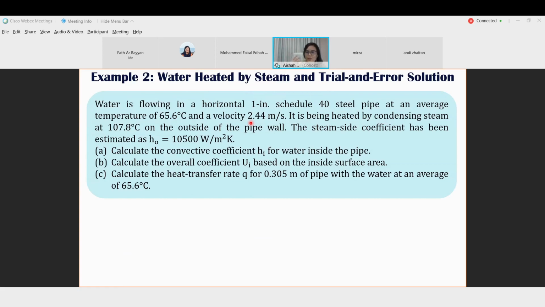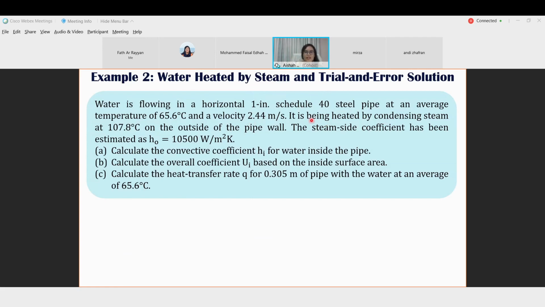So again, it is being heated by the steam in the surroundings outside the pipe wall. The water flows inside the pipe, and the hot steam is actually outside the pipe, and because it's in contact with the pipe, it will heat up the water that is inside.